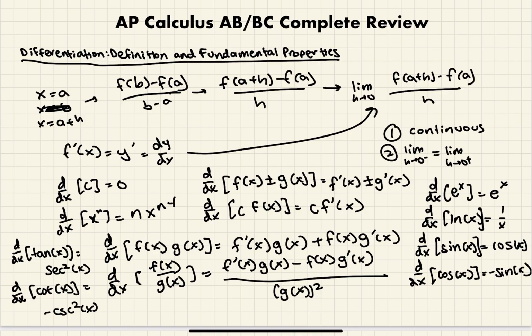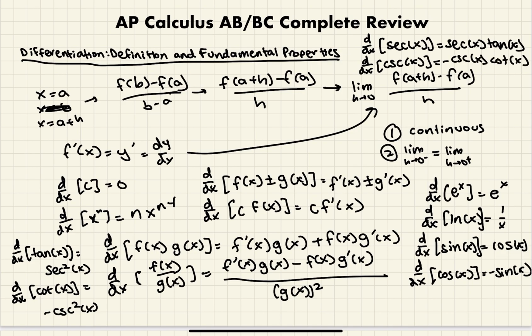And then the last few we have, I'm running out of space, d/dx of secant of x is equal to secant of x times tan of x. And if you notice the pattern, cosecant of x is negative cosecant of x times cotangent of x. And so those are the most common derivatives you should know for this unit.